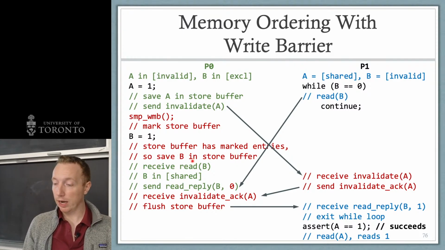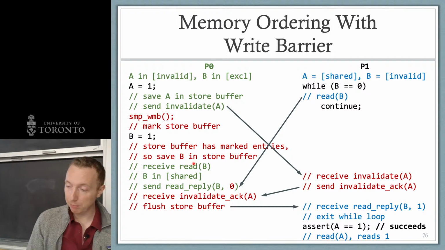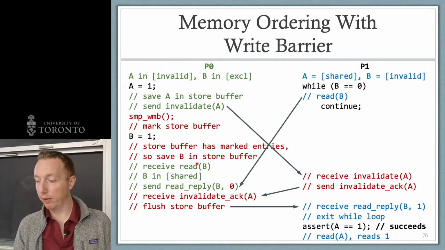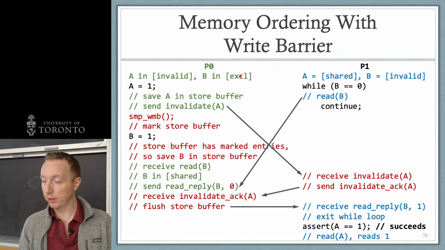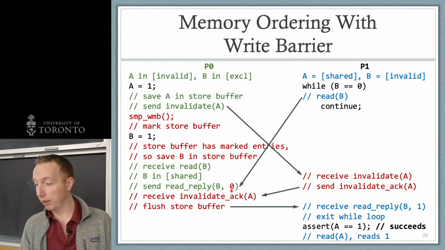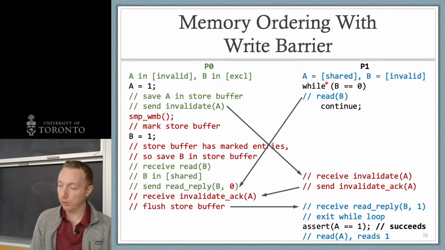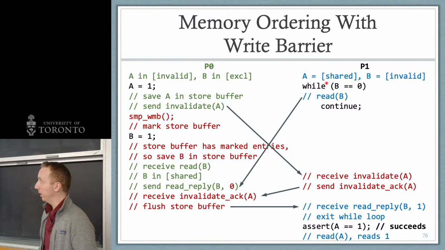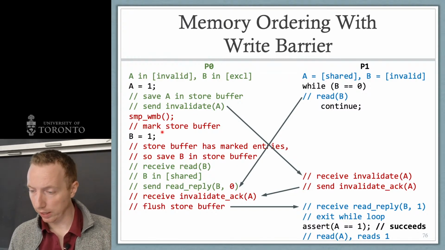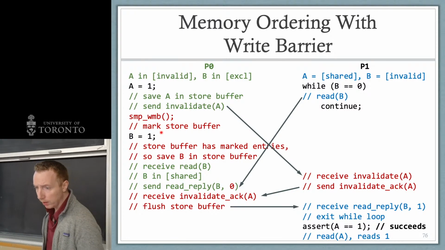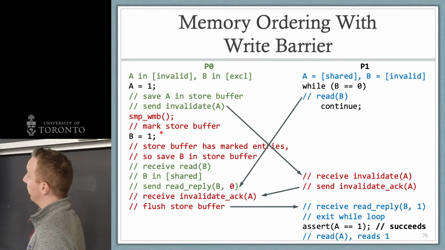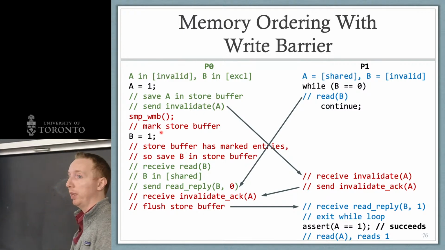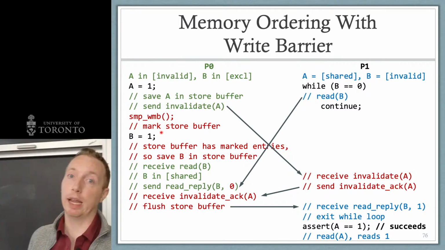So now if we try to read B in the other thread, it would just go to shared here, and the other thread would read the value equal to 0 now, because in order to actually read the value of 1 for B, A would have to be written out because of the write barrier.